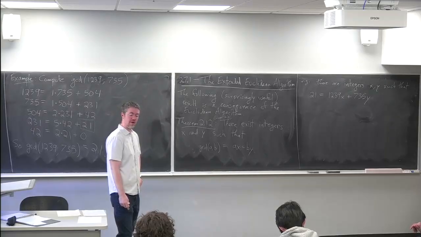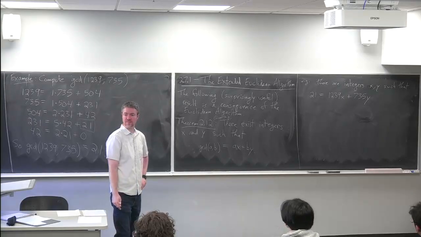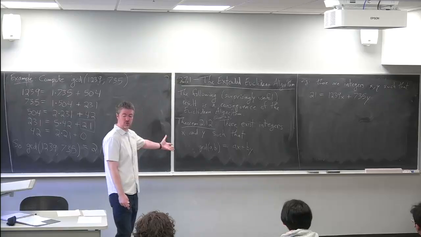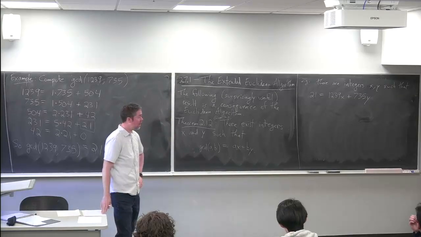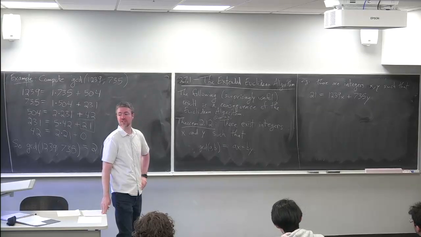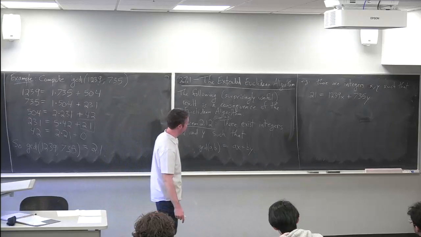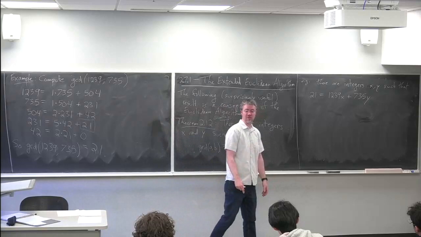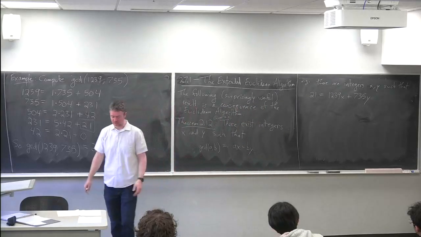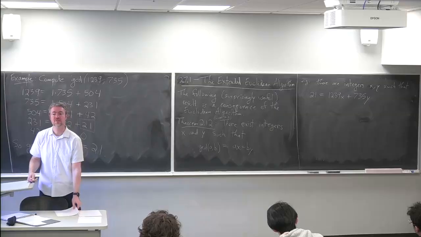Okay, so since this is a true theorem, it can be done, but it's not particularly clear what x and y should be, right? How can you take a multiple of 1239 and maybe subtract a multiple of 735 in order to get exactly 21? Not so clear what the right multiples are.